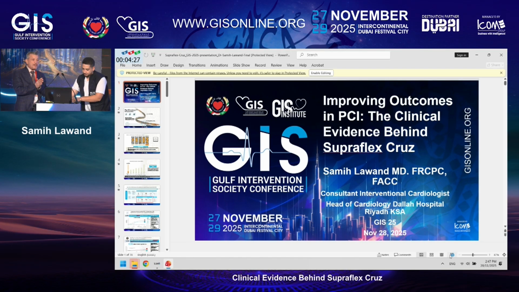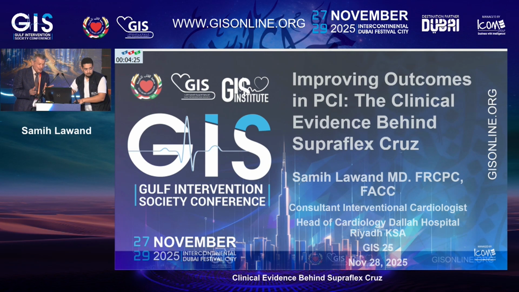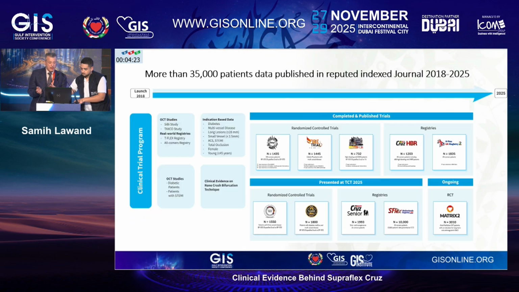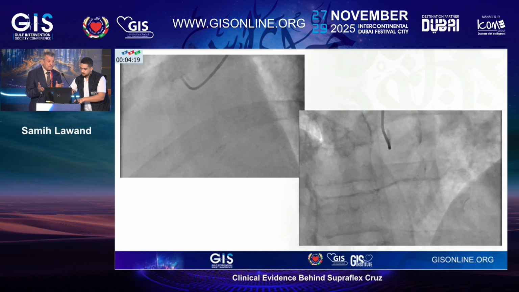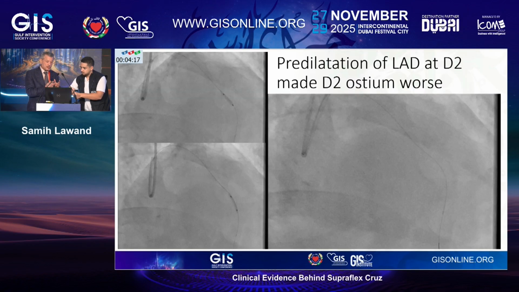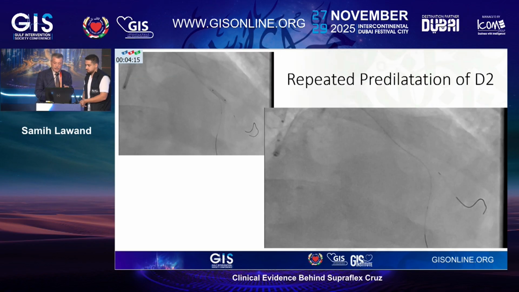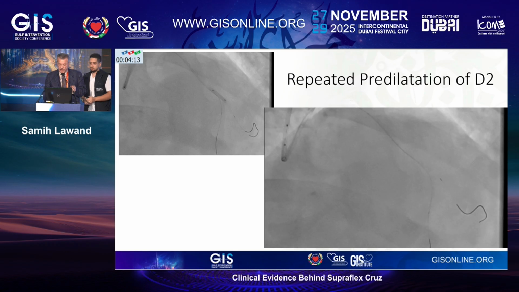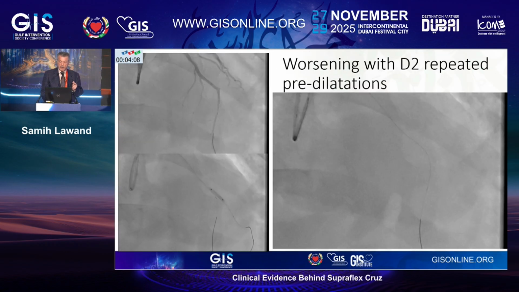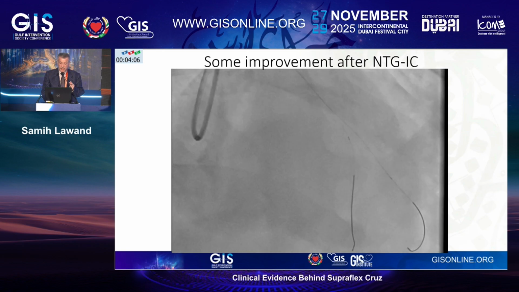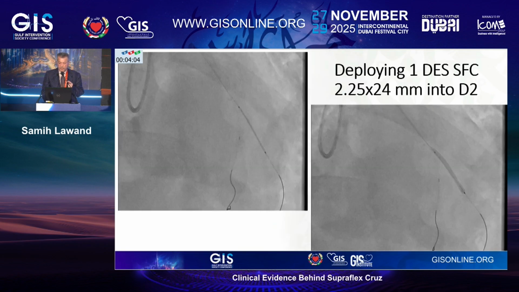Simply a ping-pong effect. I couldn't really get out of it because, of course, the patient at that time was having chest pain and slow flow, responding partially to nitroglycerin. This is when the worsening of D2 happened, and then I post-dilated.